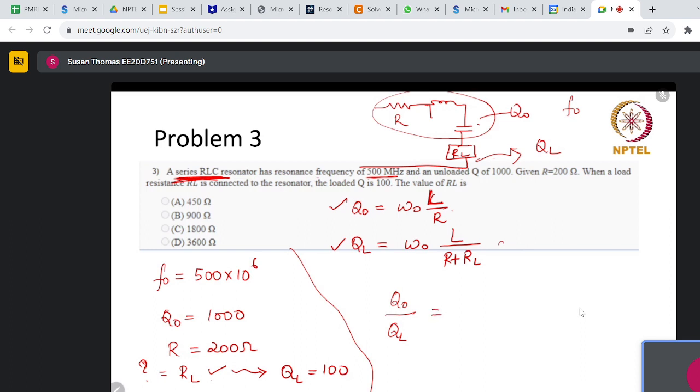So then your L and omega naught get cancelled, and your expression will be R plus RL by R, which you can write as 1 plus RL by R, for which you know Q naught, QL and R. Can you find RL? This is an easy way to do it.